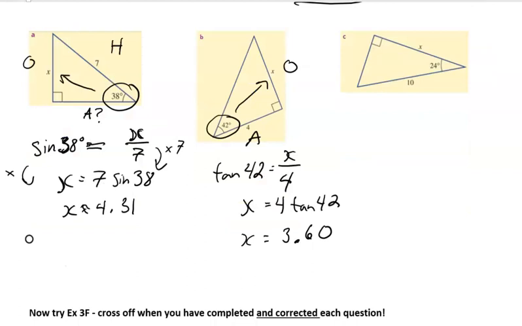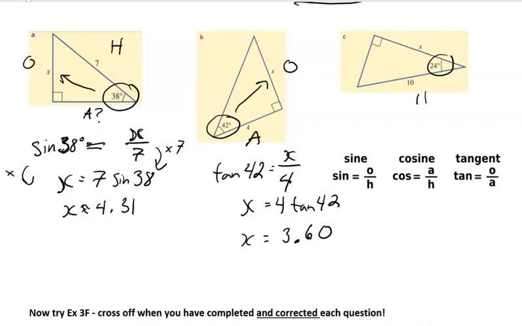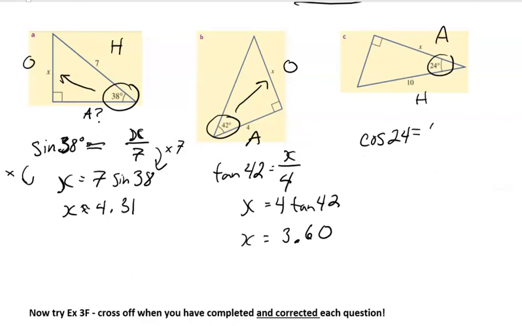And finally now, we've got our angle here, and we are dealing with a hypotenuse and adjacent. When that happens, we've got to do cosine. Because cosine of this angle, what is it, 24, is going to be equal to adjacent over hypotenuse. So what's that going to be? x over 10. You can probably tell what I'm going to do. I'm going to do a little swapsinator.